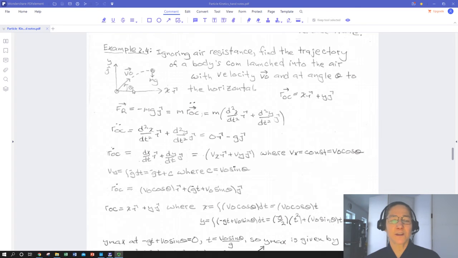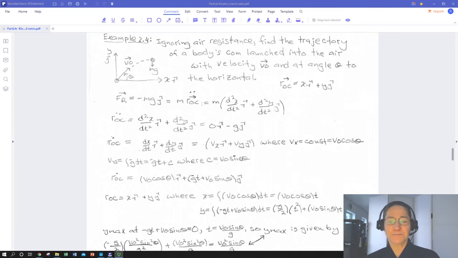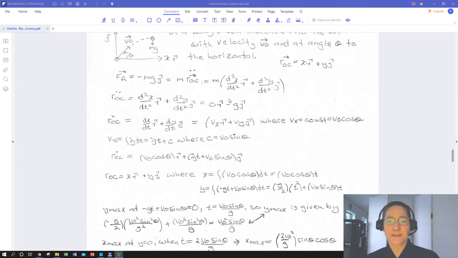Use a little bit of trig there, so that's v sub x and it stays constant. And v sub y will be the same, plus the contribution from our acceleration. So we'll do an integral for that. So v sub y is the integral with respect to time of our y acceleration, which is negative g.